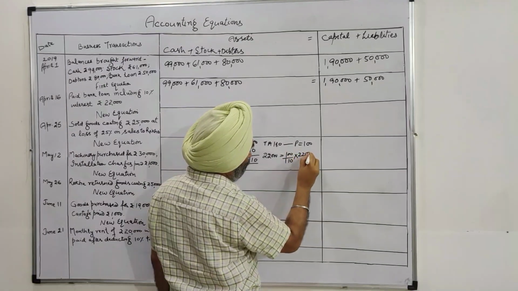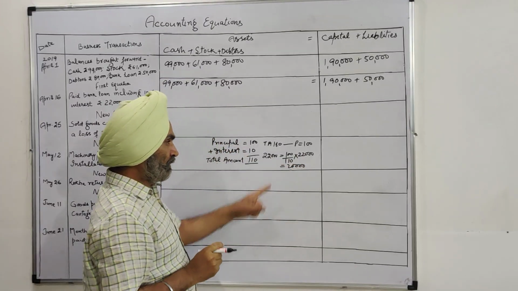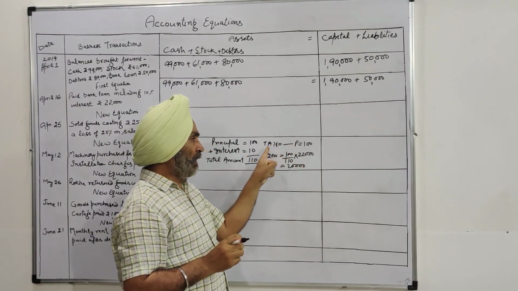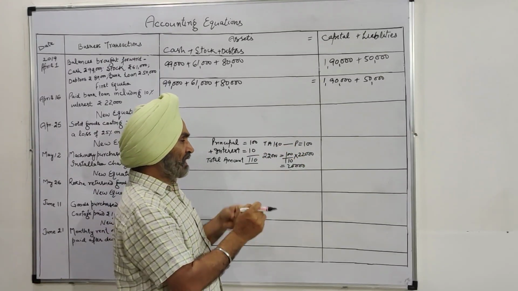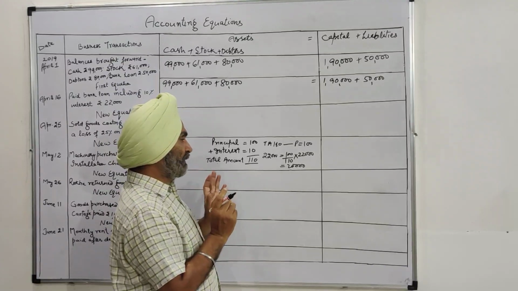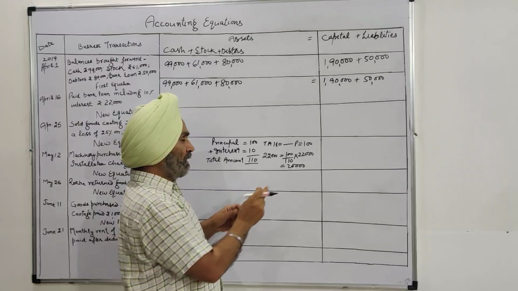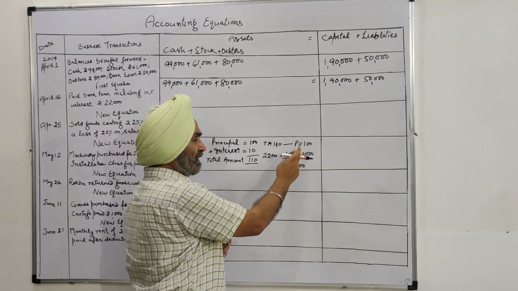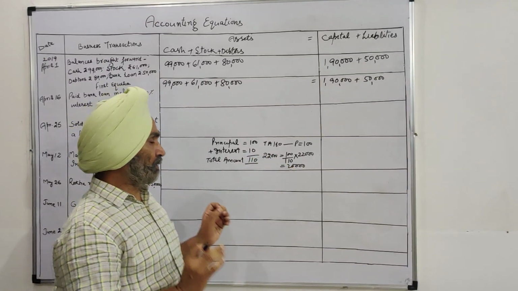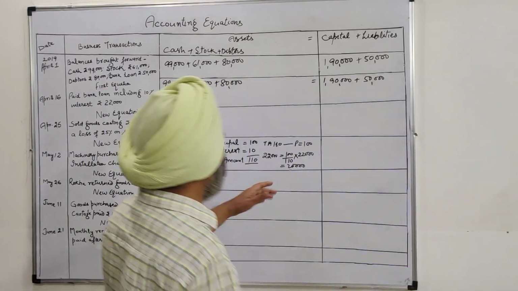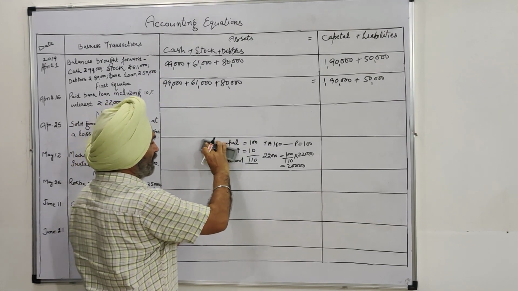So principal amount here comes out to be rupees 20,000. You can calculate the principal amount here, or you can calculate the interest here. One figure once you calculate, the second you will get as a balancing figure, because total amount is known to us. If principal amount is deducted, you get the interest figure. If interest is deducted, you get the principal amount. So this is how we will segregate the principal amount from the interest aspect.